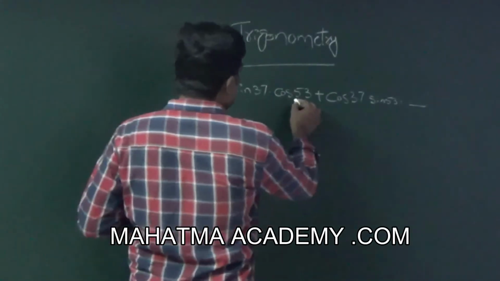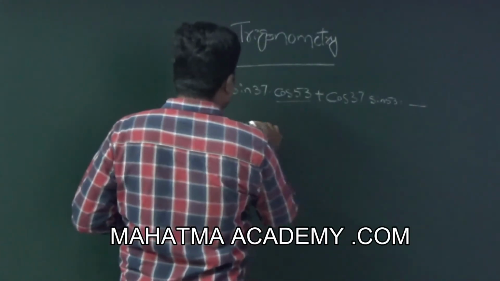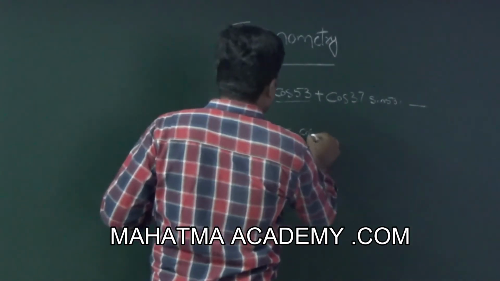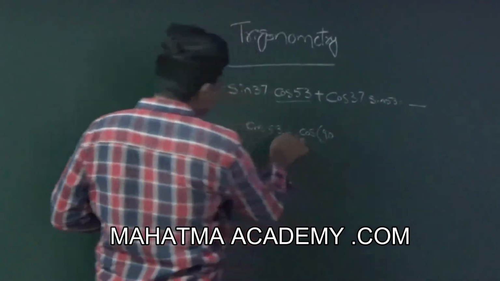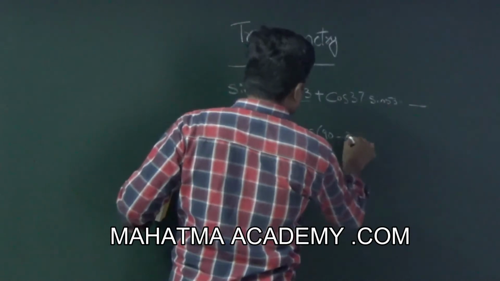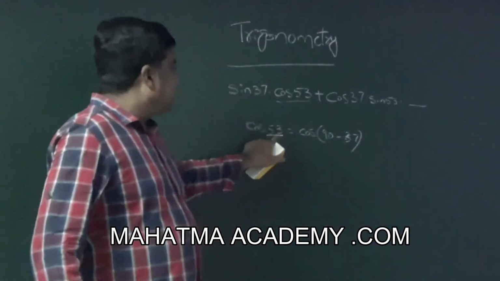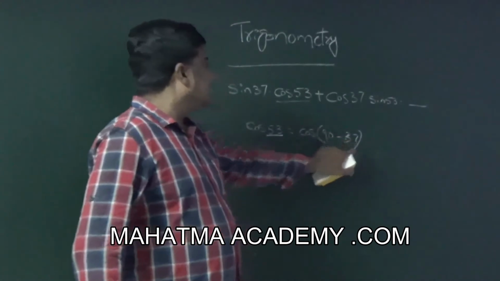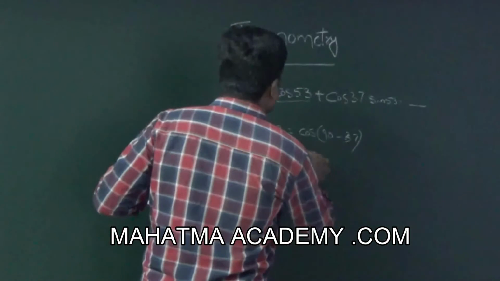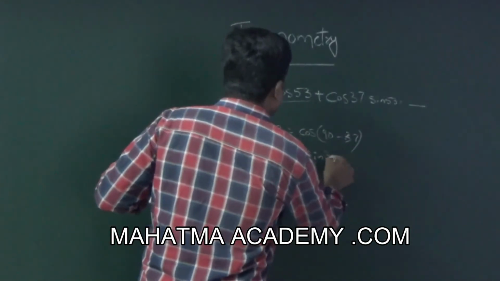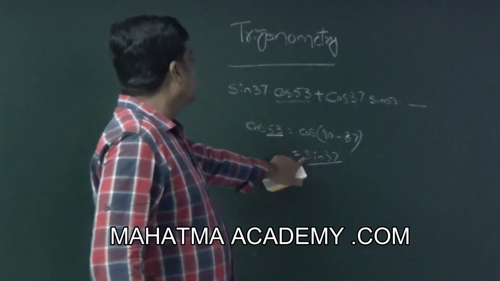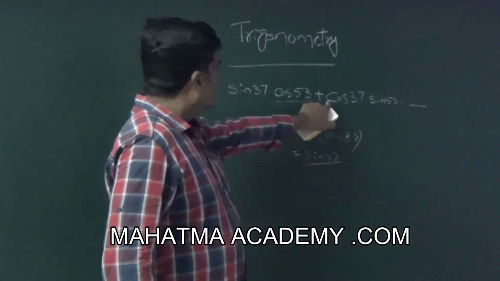Cos 53, we can write 53 as 90 minus 37. Cos of 90 minus theta equal to what? Sin theta. So cos 53 equal to sin 37. Sin 37 into sin 37 equal to sin square 37.